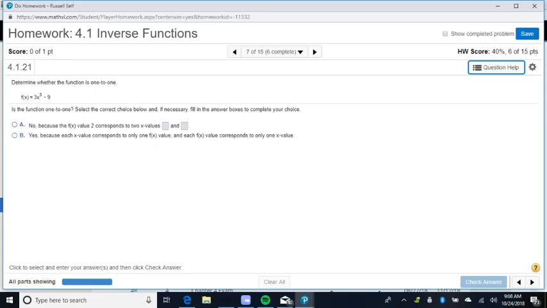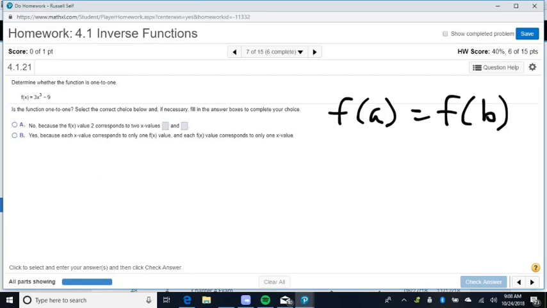If you use two different numbers, they could come out equally. Okay? And so what they do is they find f of a and f of b. These two things have to be equal if it's going to be a one-to-one function. Okay? And then, so that means plug in a, plug in b, and the two things have to be equal.